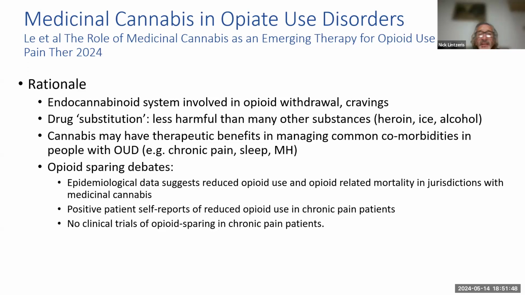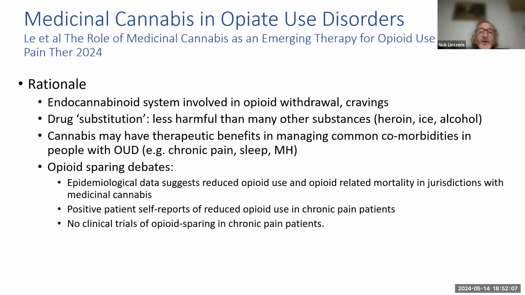There's a lot of ink and heat and debate about, is cannabis opioid sparing? Epidemiological data suggests yes. There are no clinical trials of this. No proper clinical trials have been done looking at opioid sparing in chronic pain patients.